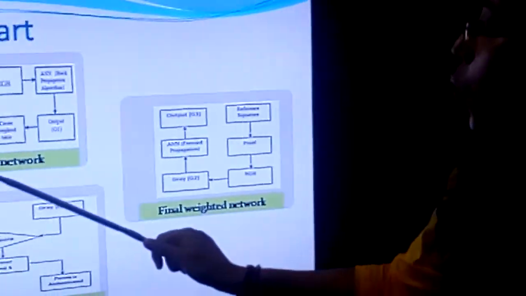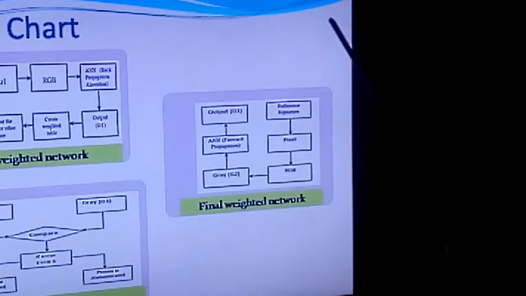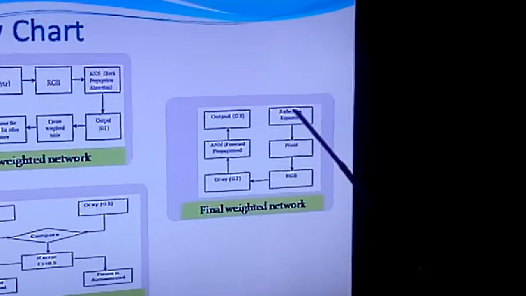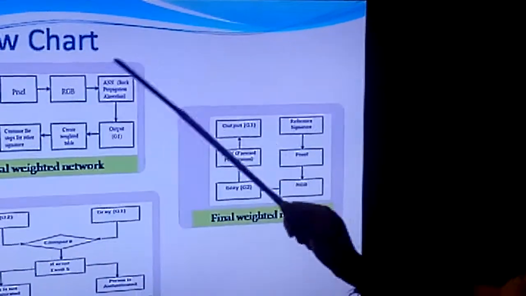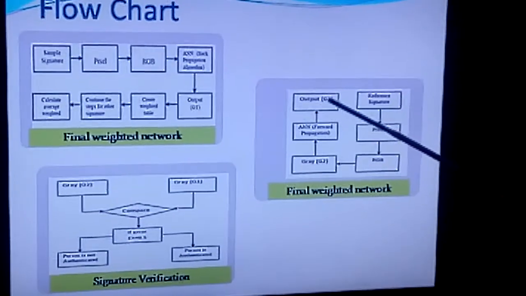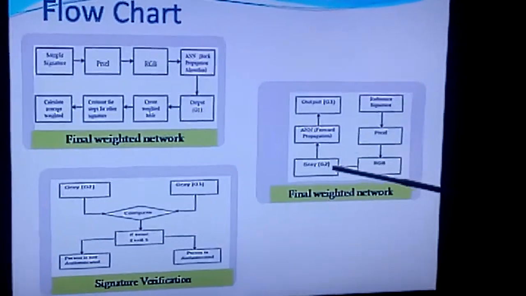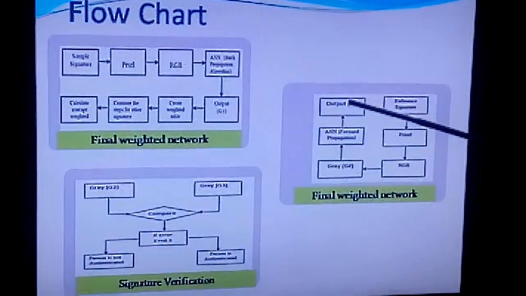Then we put the grayscale RGB values of our reference, or original, signature through this final average weighted network and produce an output that is called G3. So now our target output is G2 and our predicted, or final, output is G3.